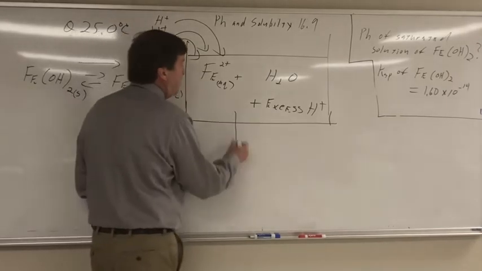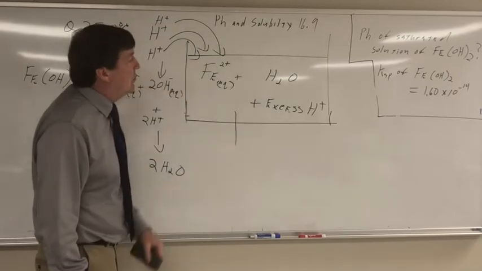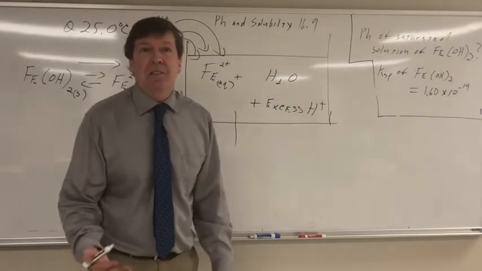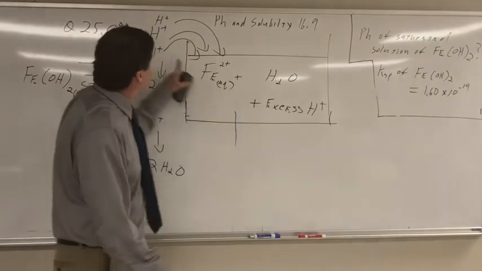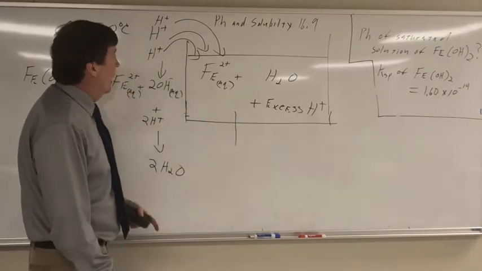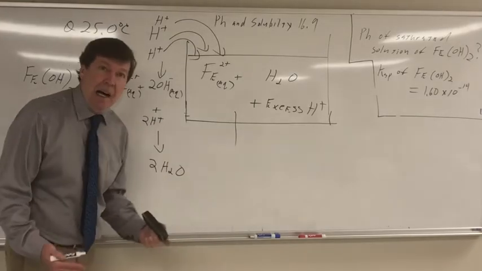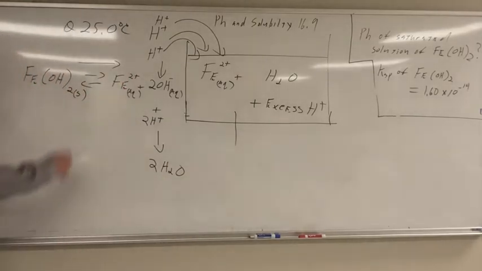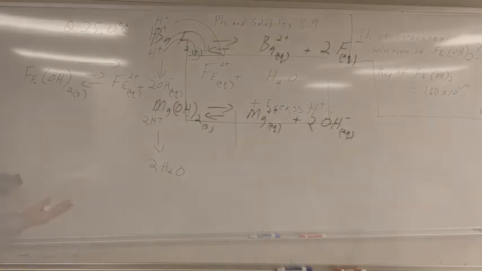If we measured the pH of this, the pH obviously is going to be less than 7 now because we've added enough acid to completely dissolve that solid iron 2 hydroxide.